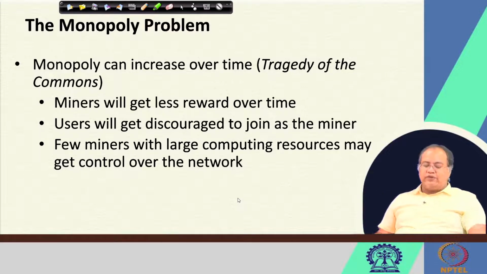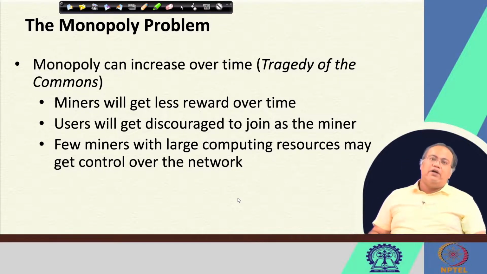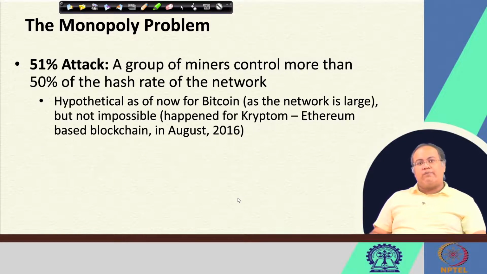So, that way the miners will get less reward over time, and as the miners get less reward, the users will get discouraged to join as miners. Well, and when users get discouraged to join as miners, a few miners with large computing power may get control over the network. So, that can be a possible problem in case of a proof of work blockchain.